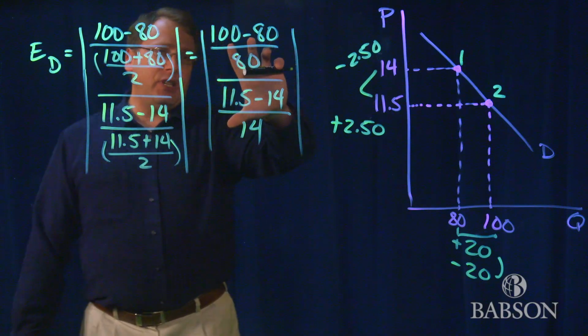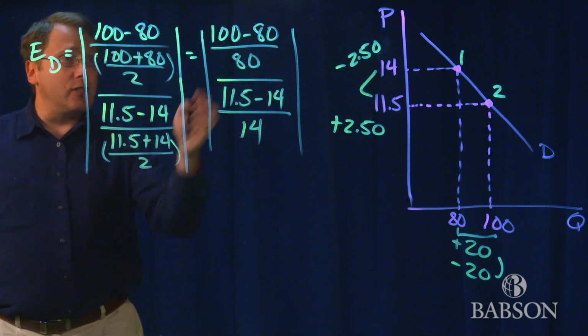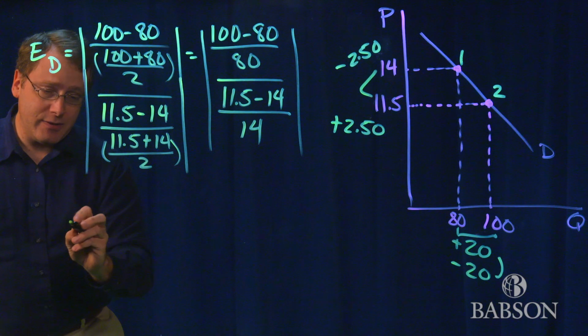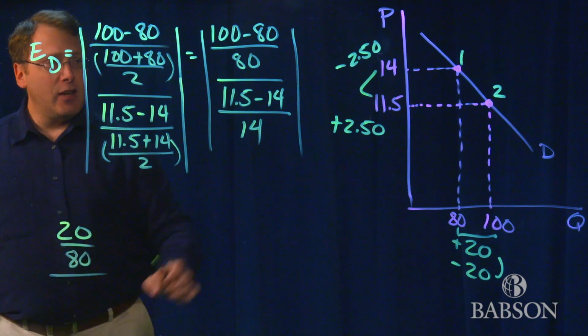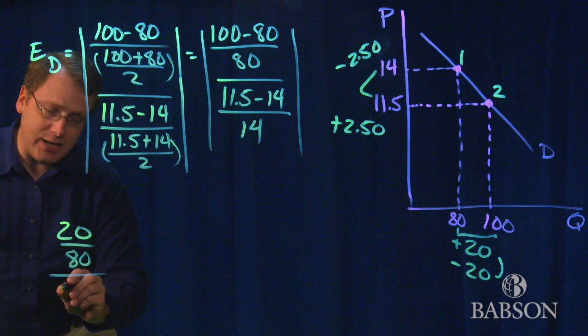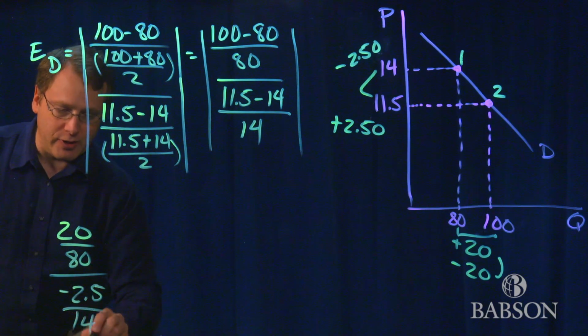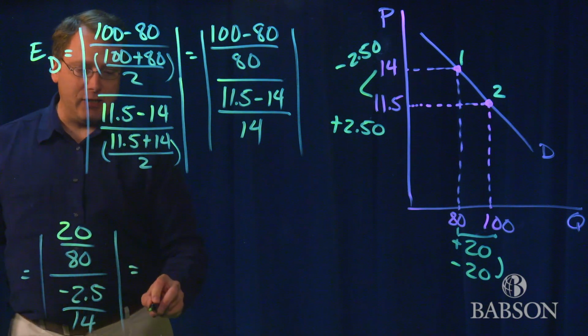So again, now, if we take a look at the result of this calculation, we see that in the numerator here, we have a gain of 20 units. So that's 20 all over 80. And then in the denominator, we have that decrease of 250 all over 14. Again, we're keeping the absolute value here.